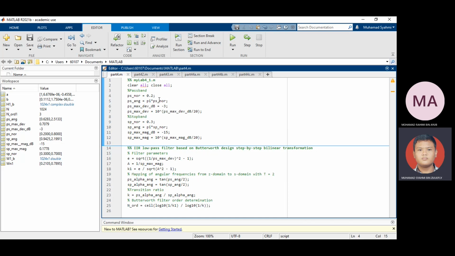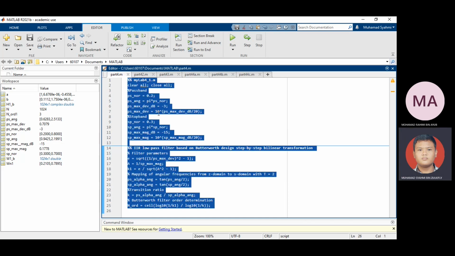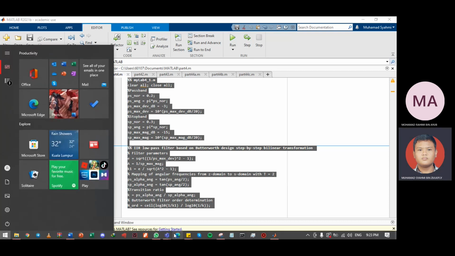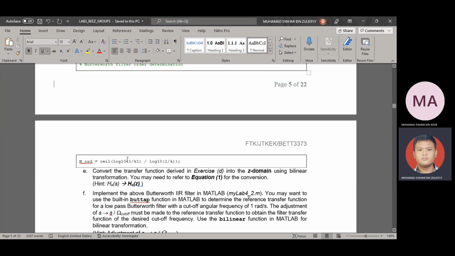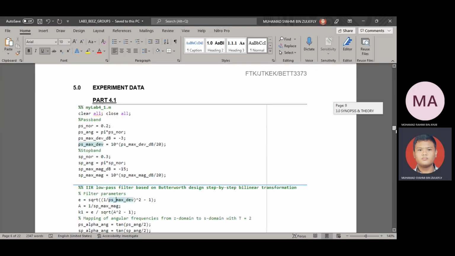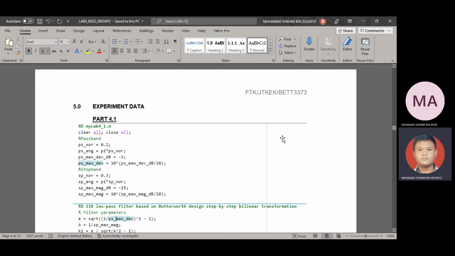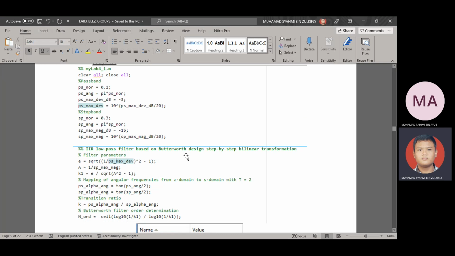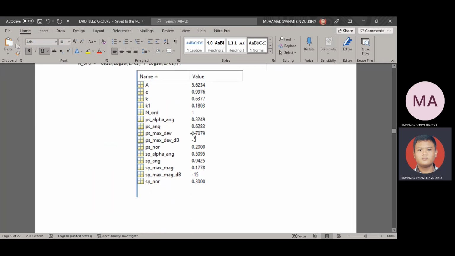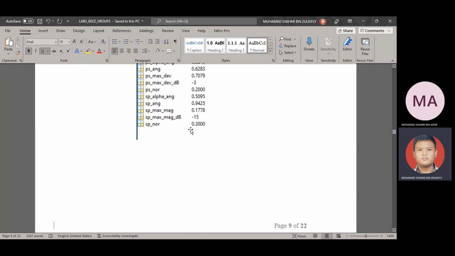As you can see, we need to run the coding and we will get this, the first part of the equation that it needs. I already pasted it like this for the first part. This is the coding for the first part, and this is the equation that the first part needs.